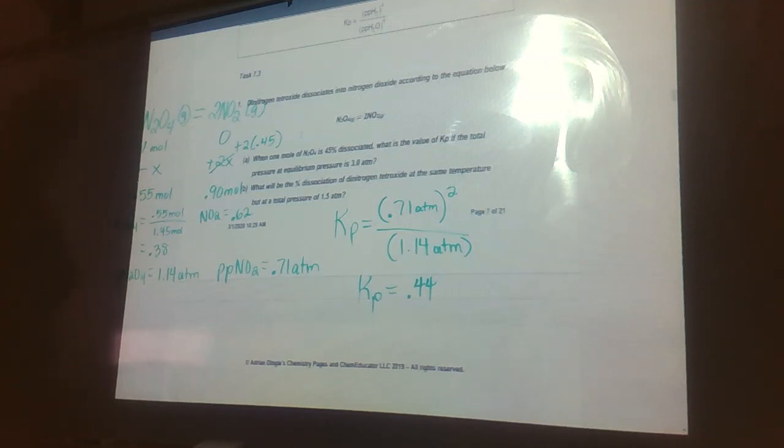Okay. And then part B says, what will be the percent dissociation of nitrogen tetroxide at the same temperature, but at a total pressure of 1.5 atmospheres? So at this point, you would have to go back here and change your partial pressures by multiplying by 1.5 instead of 3?